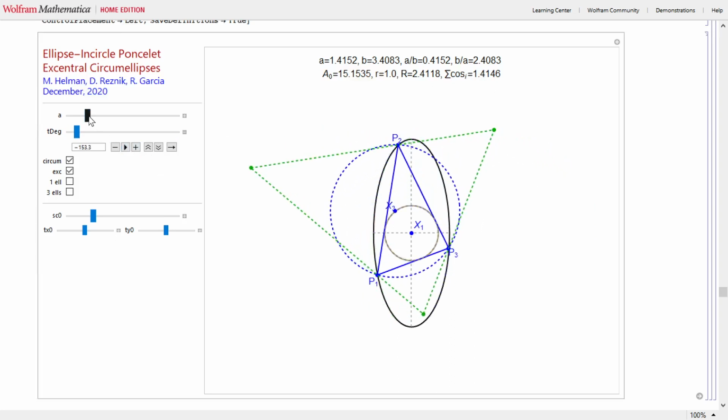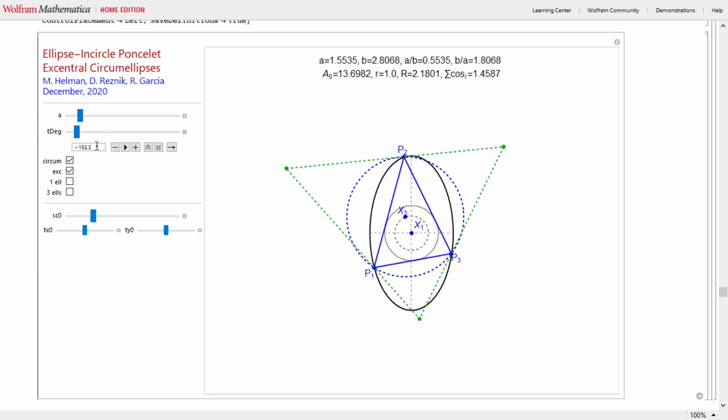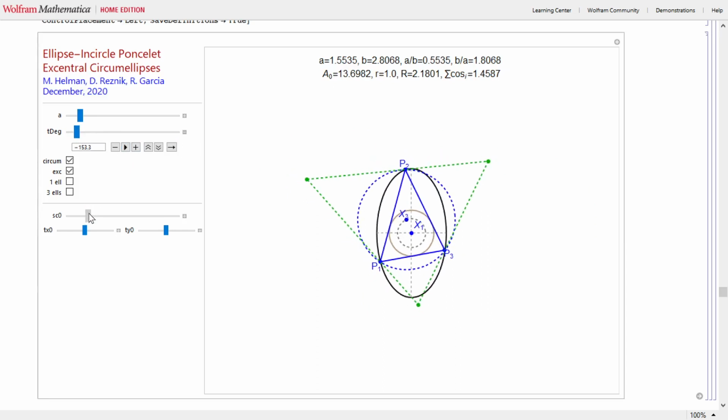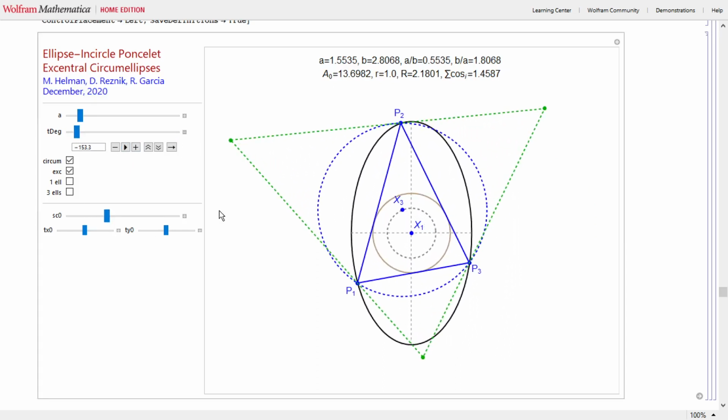Okay, now let's take this family back to a rounder shape. Let's zoom in a bit. Now what I want to do is calculate, I'm going to take the three vertices, P1, P2, P3, and I want to run an ellipse through these three vertices. So these are three constraints.